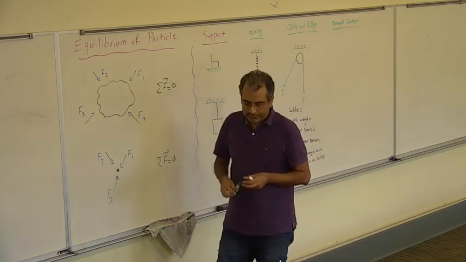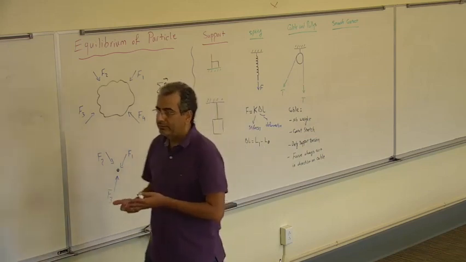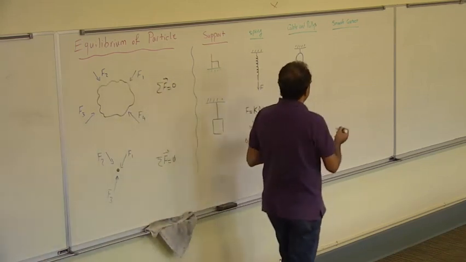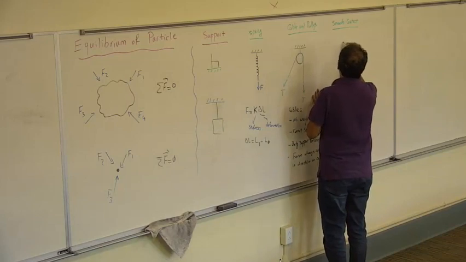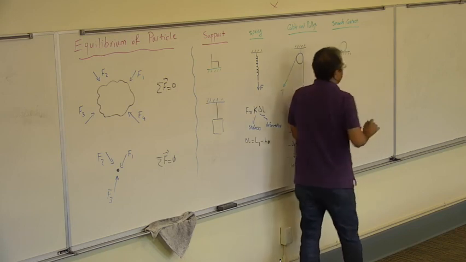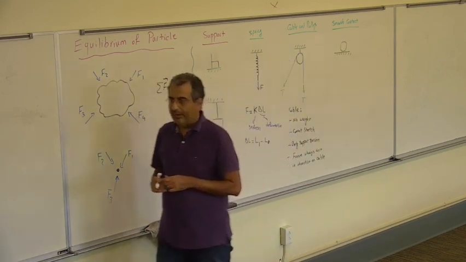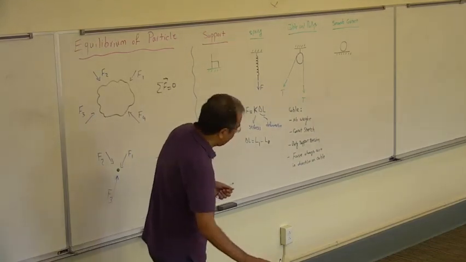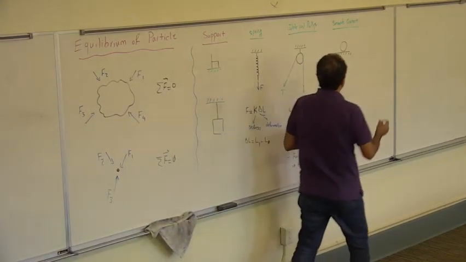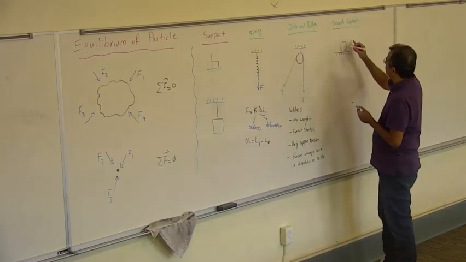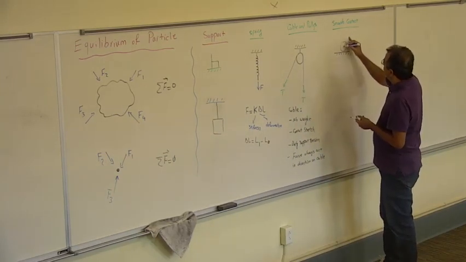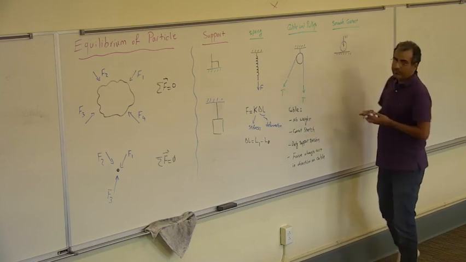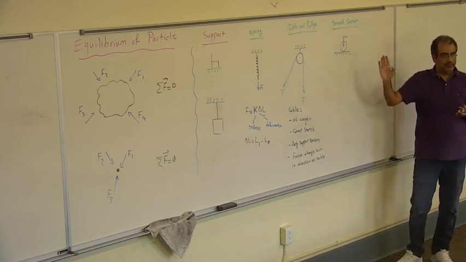For the smooth contact, for example, if something is on the ground, I have the weight and then the reaction of the support.